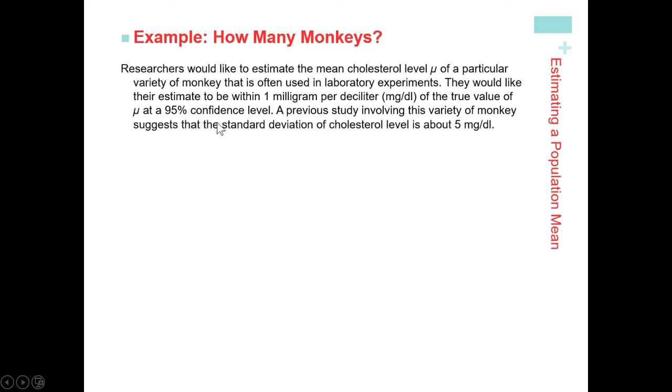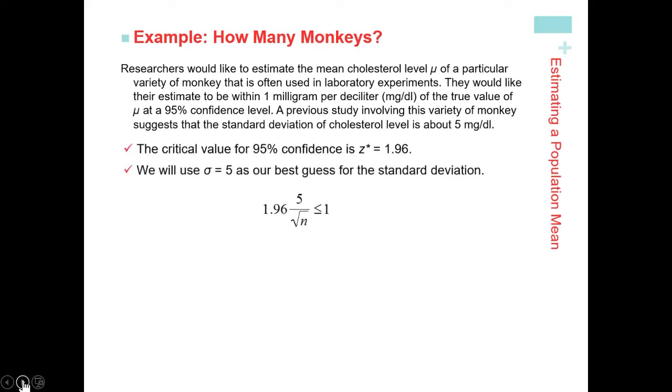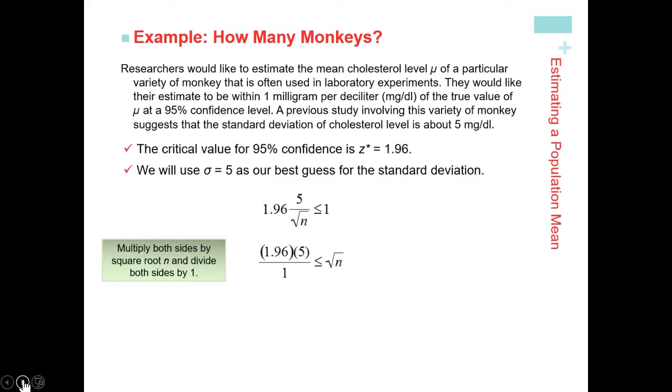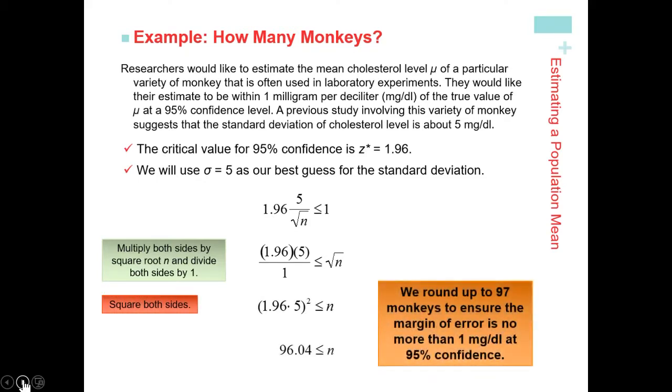Since we want a 95% confidence level, we're going to use our 1.96 as our z-score. And so here is our equation, and we're going to solve this for n. So I'll give you a few seconds to pause and do that. So we get fraction on the bottom, square both sides, should get 96.04.